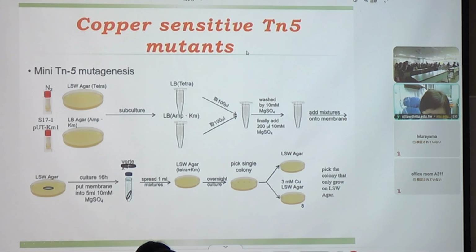So we wonder what is the interaction between copper and Proteus mirabilis during the infection. So we performed transposon mutagenesis to isolate copper-related mutants, at a copper concentration of 3 millimolar, at which the wild type can survive, but not the mutants.